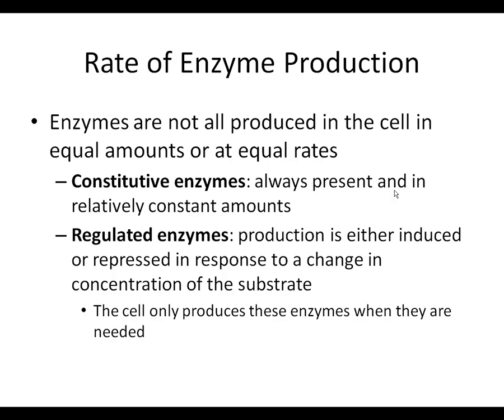And so we're going to have to either induce or repress the response to these enzymes. We don't want to have a product that we can't use and it gets wasted, as well as the energy being wasted to produce those enzymes. So we either have to induce or repress the action of those enzymes in response to the concentration of a substrate. The cell is only going to produce these enzymes when they're needed.